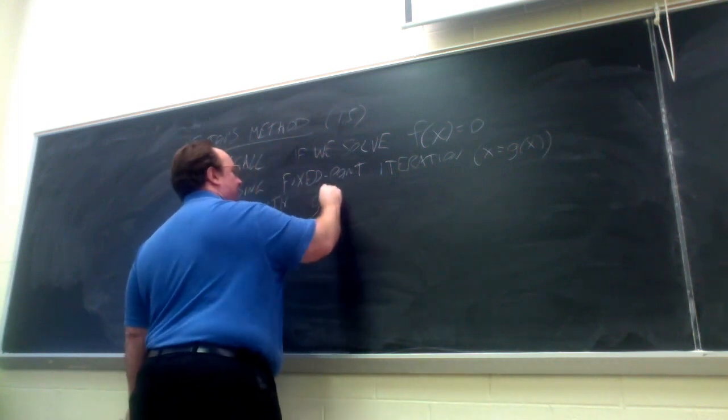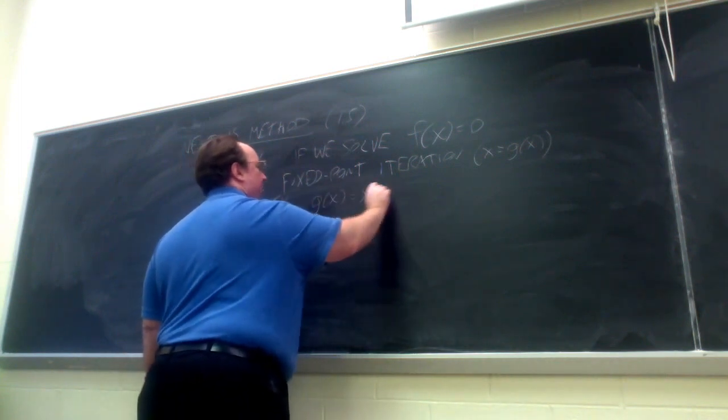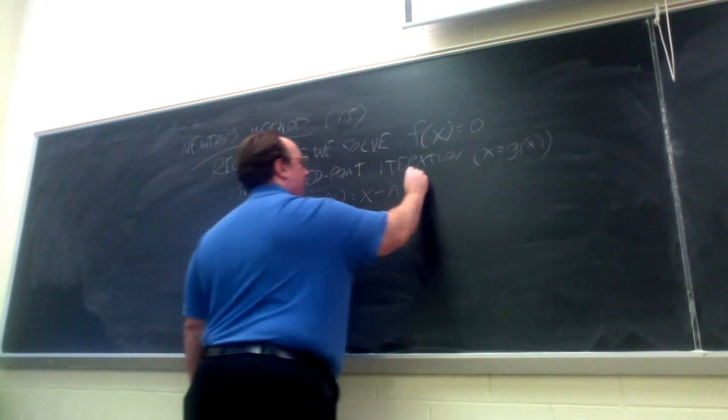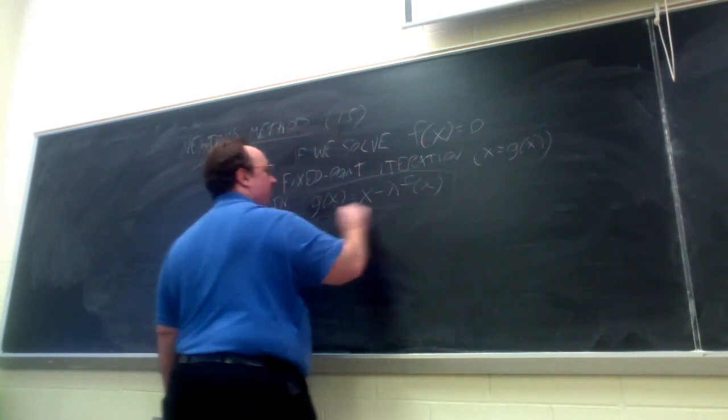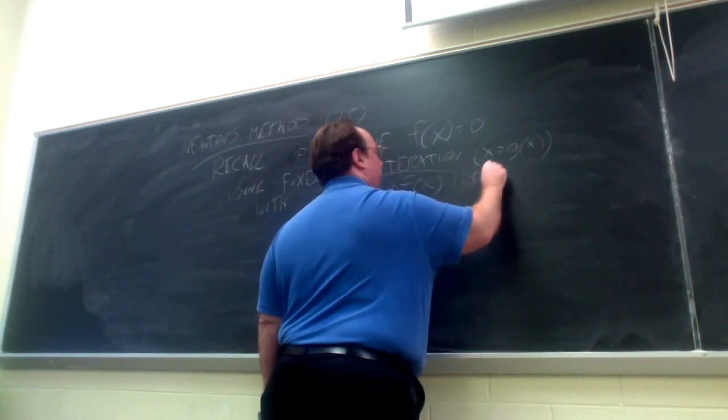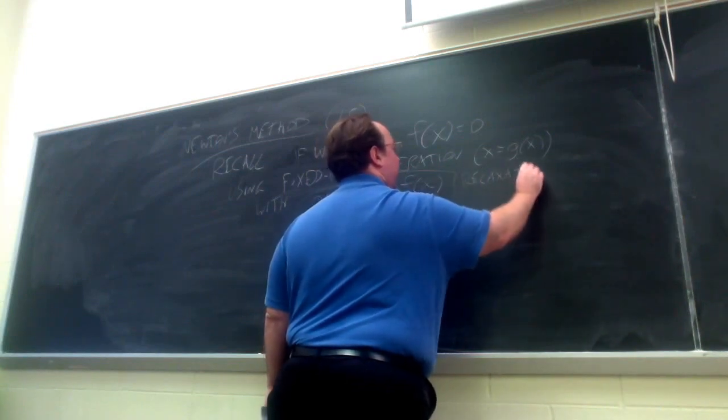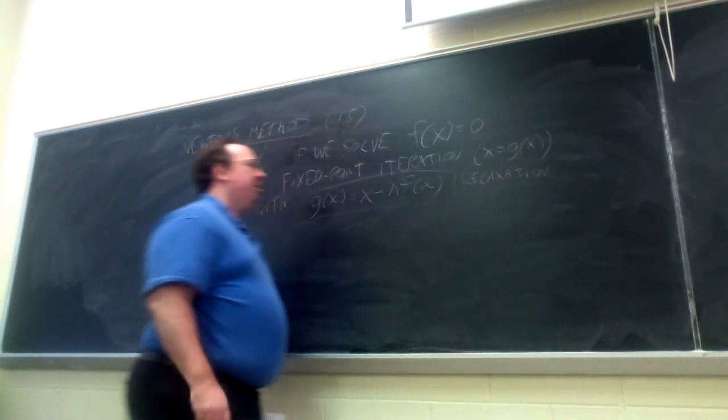With this choice of g, x minus a constant lambda times f of x, doing this with any constant lambda is called relaxation.